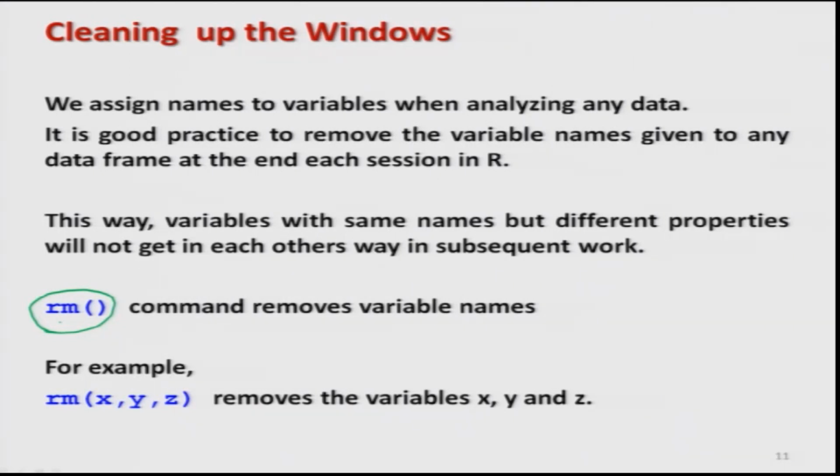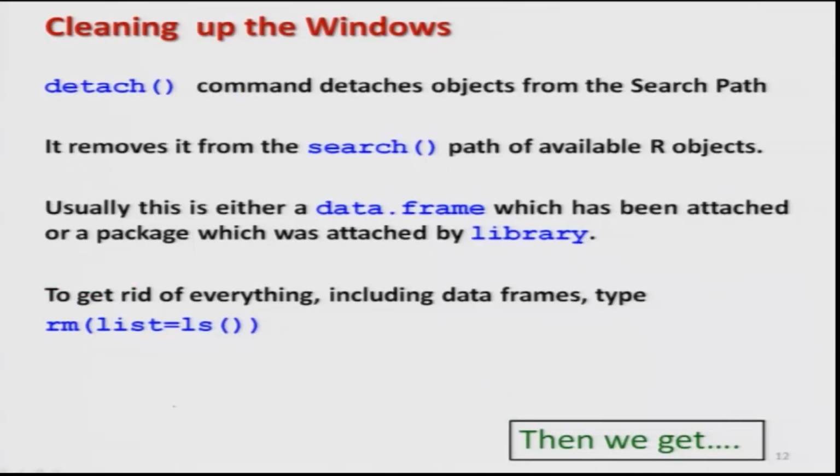There can be one variable or more than one. For example, if I have three variables, x, y and z, I can write rm, and inside the brackets x, y, z separated by commas: rm(x, y, z). If I do so, the three variables x, y, z will be removed from my workspace.